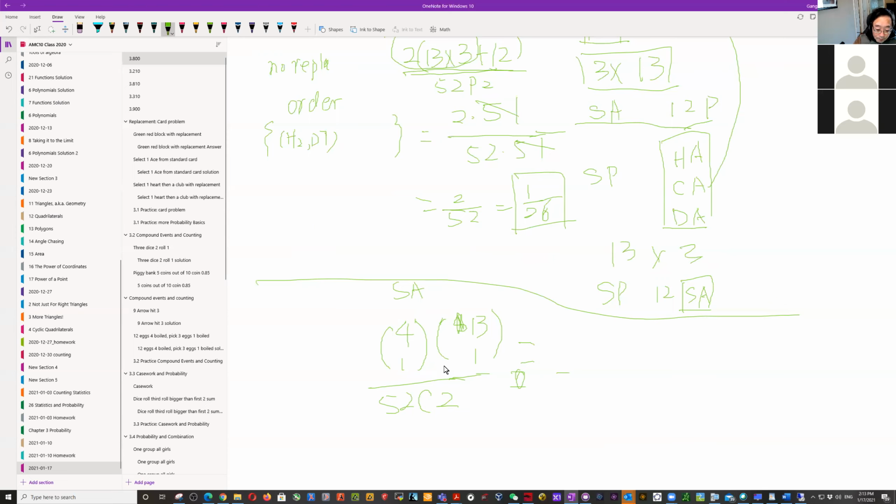Spade A cannot appear in both here and here, so on the top we actually have to minus 1.